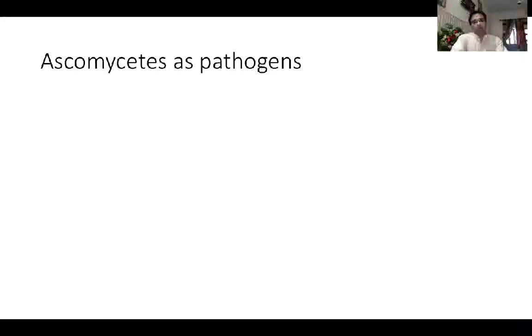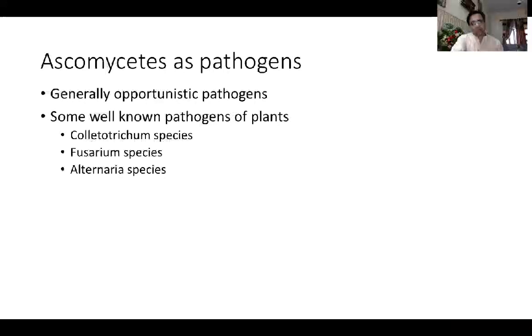Now in this slide, we discuss Ascomycetes as pathogens. Generally, the fungi are opportunistic pathogens. Some of the well-known, notorious pathogens of plants are Colletotrichum species. They infect a very big diversity of plants. Similarly, Fusarium species are very dangerous pathogens of plants. They infect all kinds of vegetation.